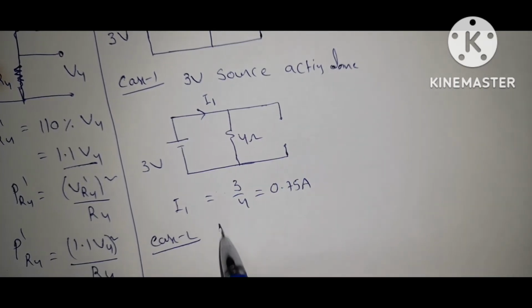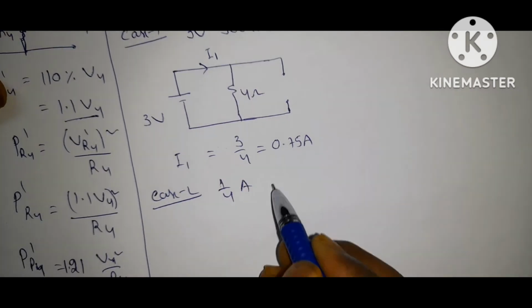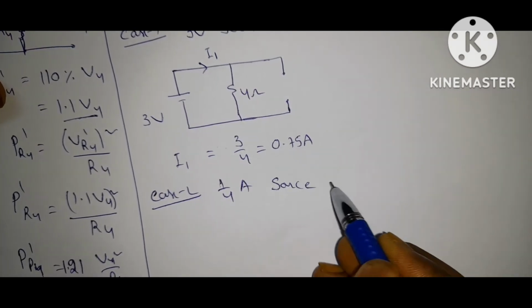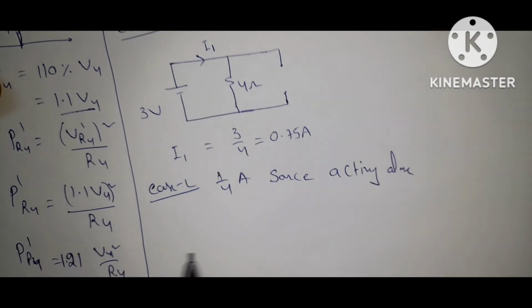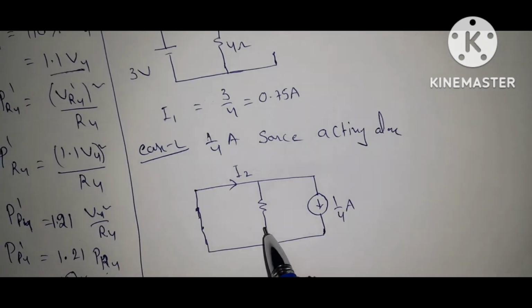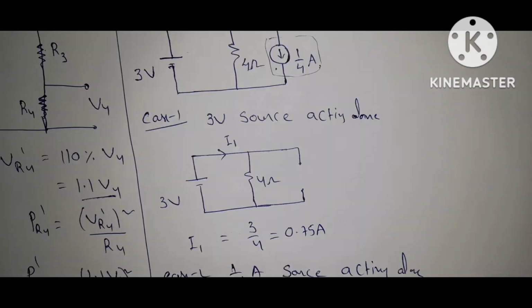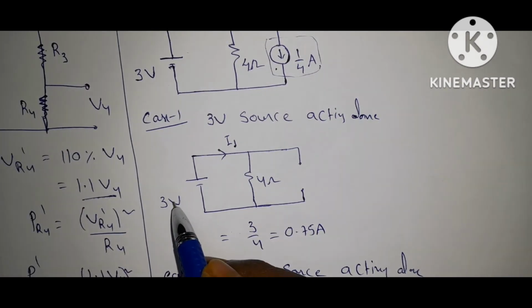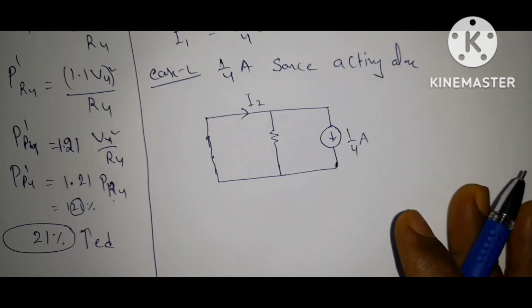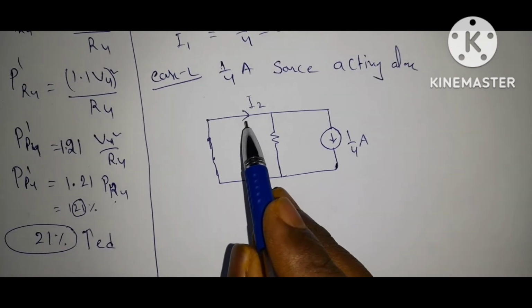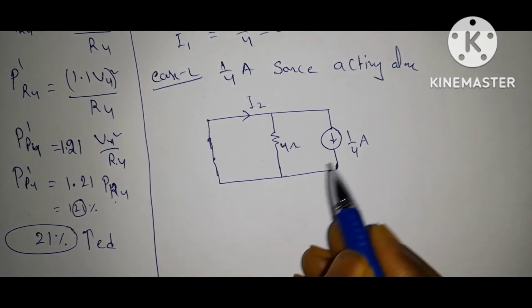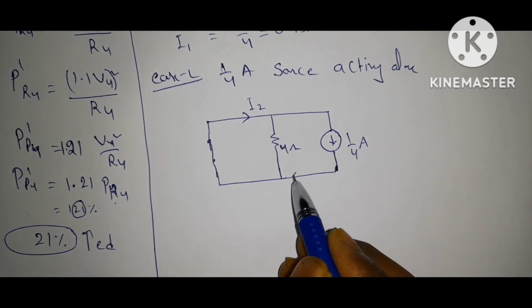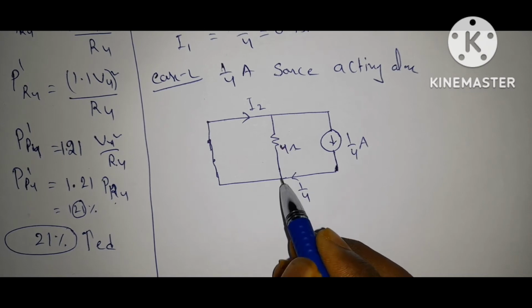Now case 2: the current source is acting alone, that is the 1/4 amp source acting alone. The circuit becomes like this. Here the response due to the voltage source is I1, and the response due to the current source is I2. The 1/4 amp current is coming towards this node.